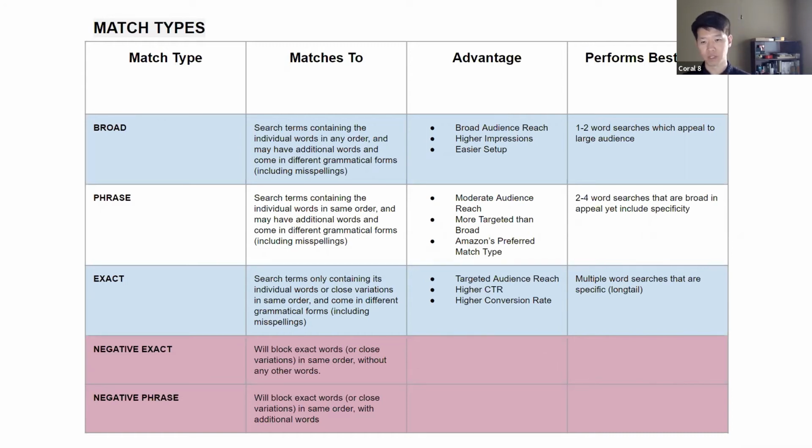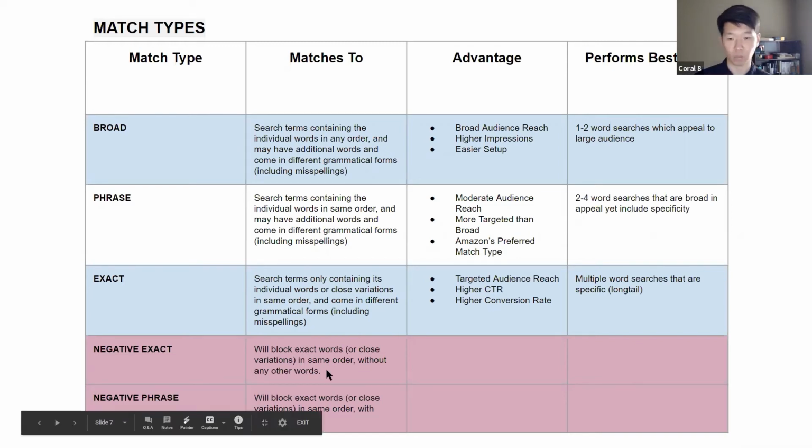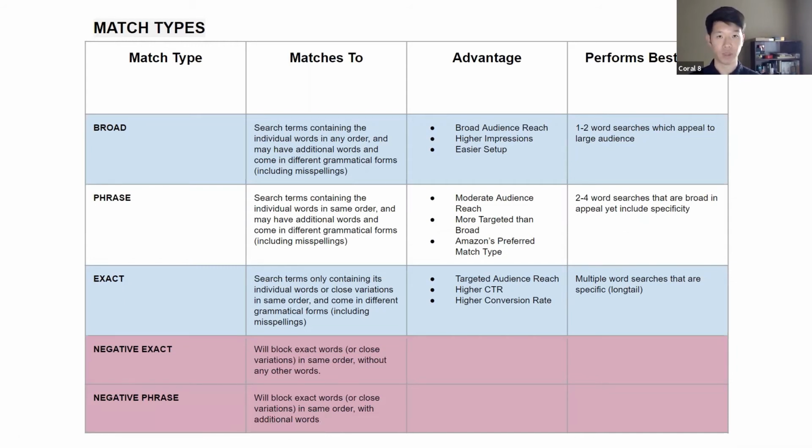For exact match, it's pretty much how it sounds. So a customer's search term is more or less exactly matched to the keyword that you added as exact match. And then there's negative exact, which will block exact keywords in the same order without any other additional words beyond the keyword that you assign with a negative exact match.